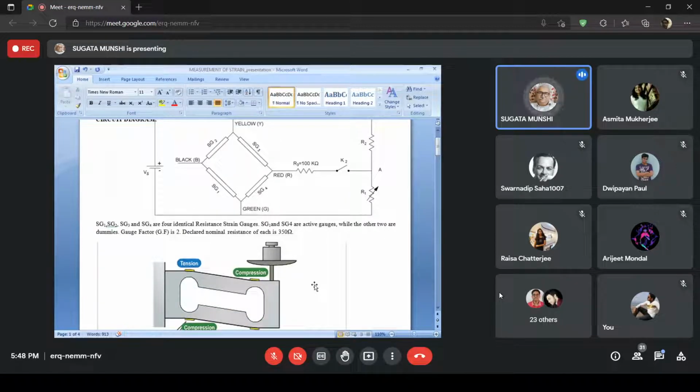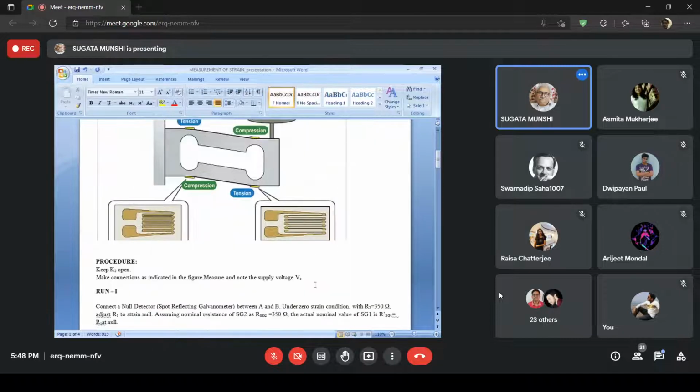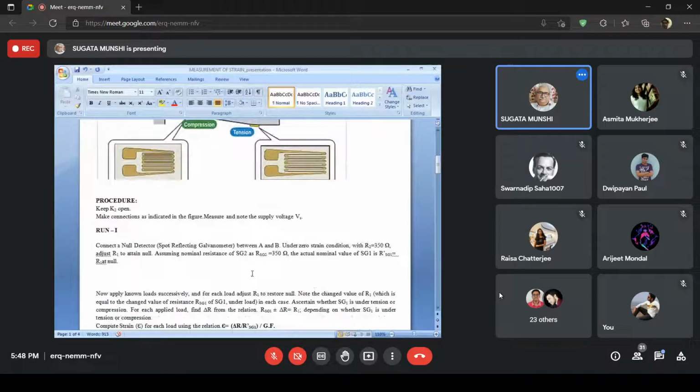So 1 active gauge and 1 dummy gauge. Assuming nominal resistance of SG2 as RSG2 equal to 350 ohms, the value of SG1, RSG1 prime, equals R1 at null.